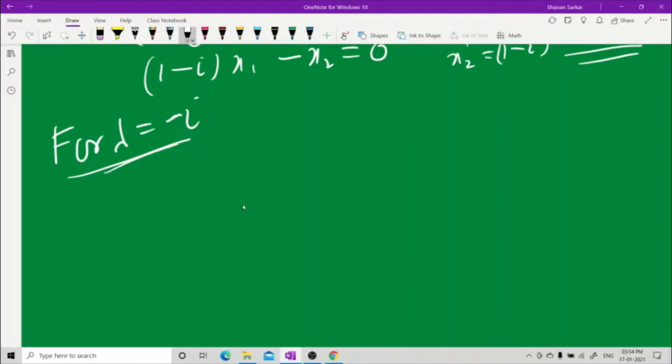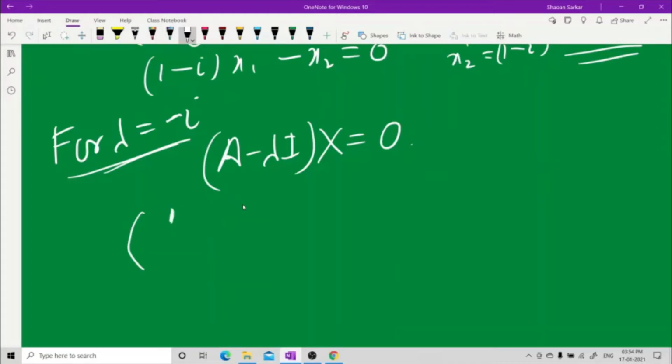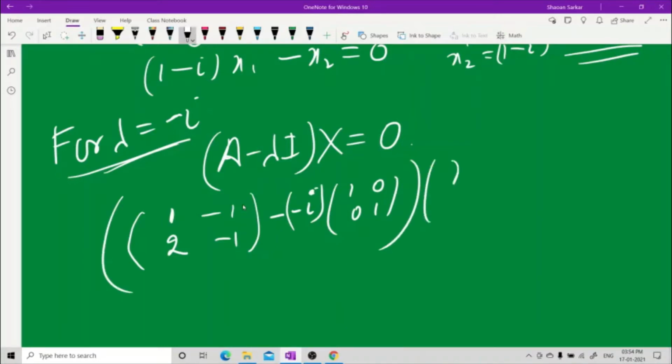Now for lambda equal to minus I, we will have to do A minus lambda I times x equal to 0. A is the same matrix as before: 1, minus 1, 2, minus 1, and now minus of minus I times the identity matrix 1 0 0 1, times x1, x2, equals 0, 0.